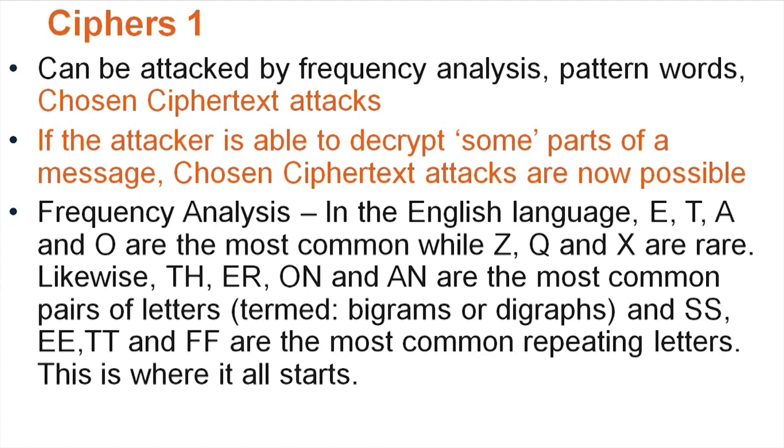This is where it all starts. So you start trying to put these pairs together and encrypting them and see which encryption pieces match in that letter. If you see frequency analysis where they're coming up stochastically close to being the same frequency, then you can start attacking the text that way. This is how they did it in World War II against the German Enigma ciphering.